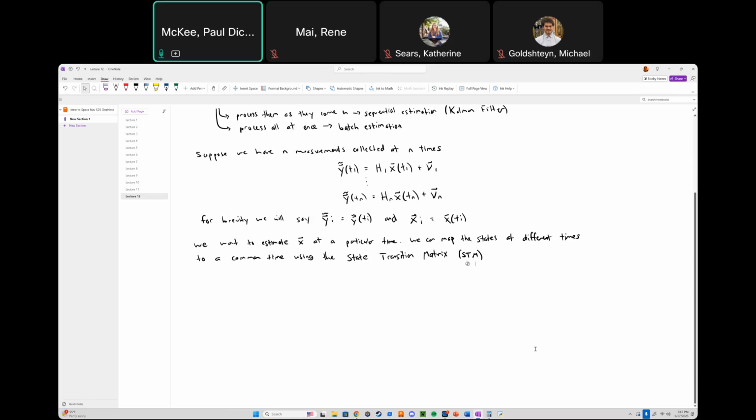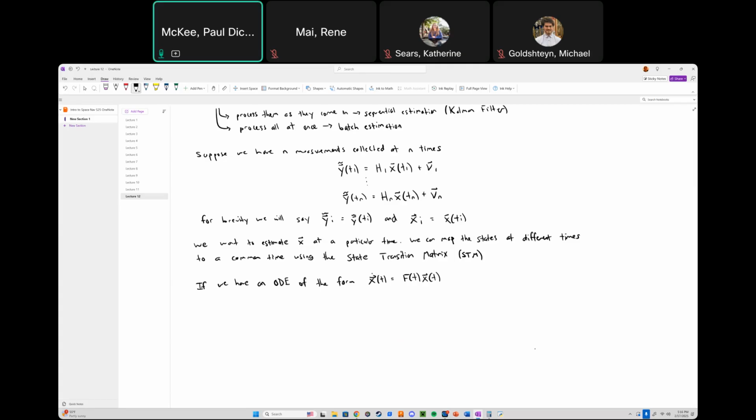So if we have an ordinary differential equation, or ODE, of the form x dot of t is equal to F of t times x of t.